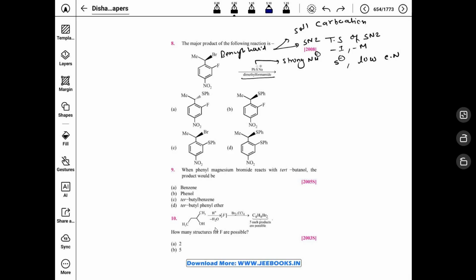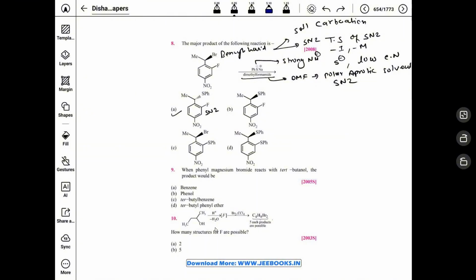And DMF is a polar aprotic solvent, and we know that polar aprotic solvent is used in the case of SN2 reaction. Okay, so what are the possibilities here? Let's say if this phenyl sulfide attacks, then this product is possible through the SN2 pathway.